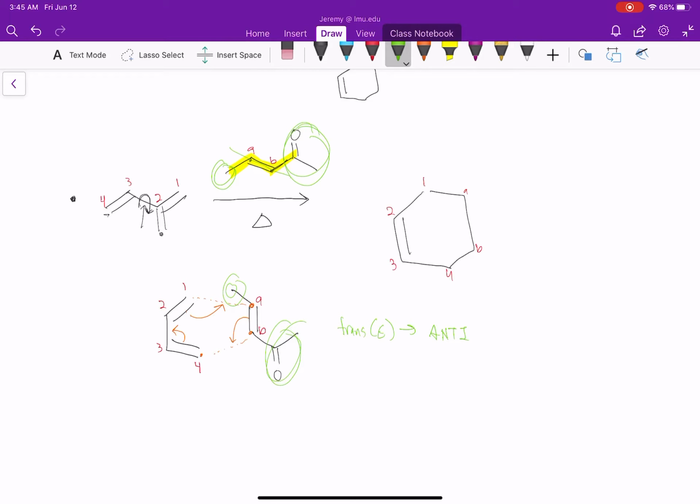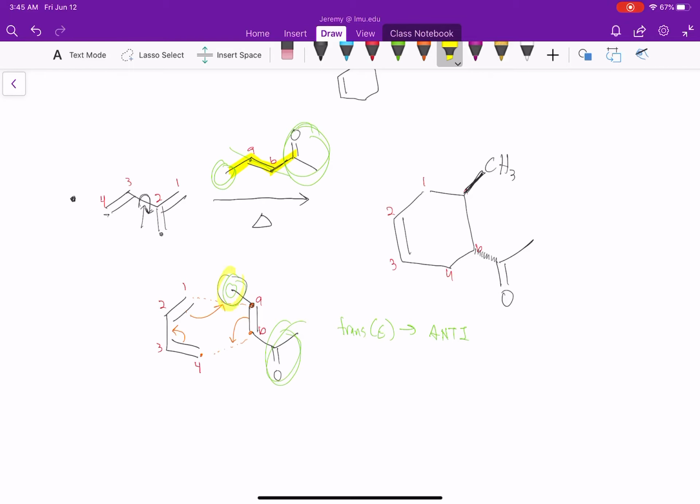They have to be on opposite sides. Carbon A was connected to a methyl. I'm going to draw in some stereochemistry. Here's my methyl, which I drew as a wedge, which means the ketone now has to be a dash.